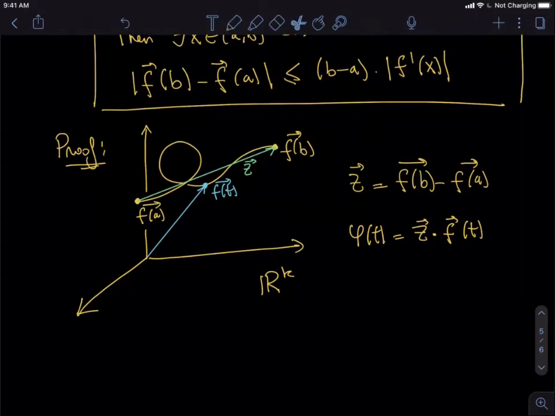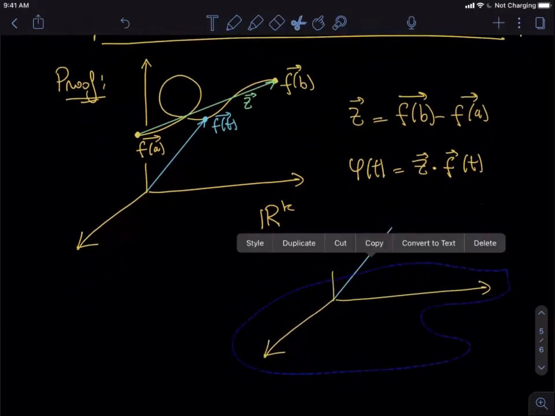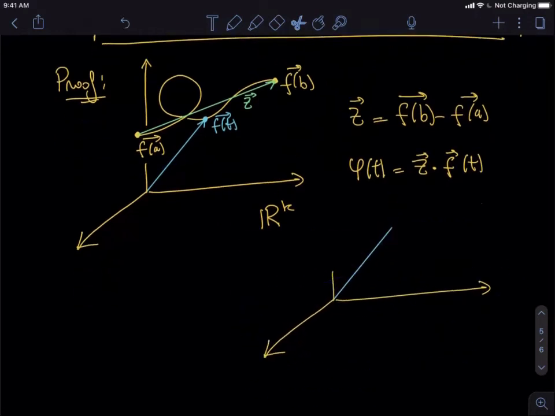So in this product here, what I'm doing is the scalar product of these two.